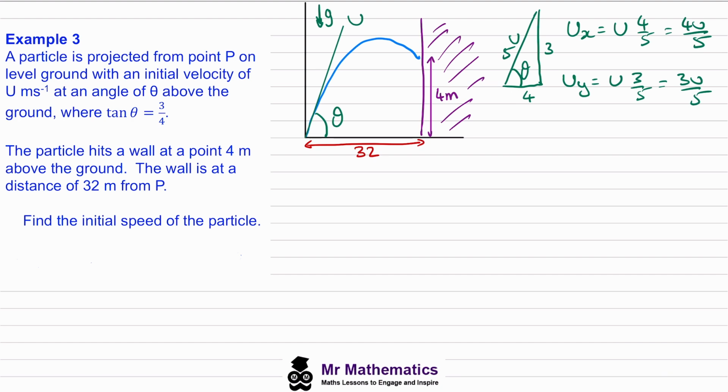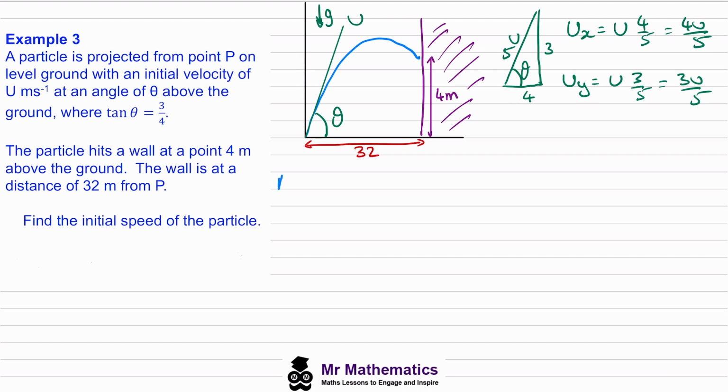Okay, so now we've got our initial velocities in terms of u, we can work out the time, because the time taken to go horizontally for a displacement of 32 will be the same as the time taken vertically to go from here to the 4.